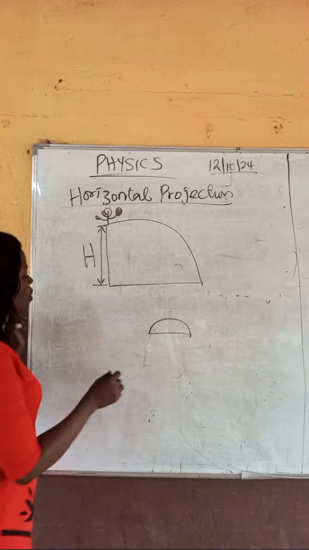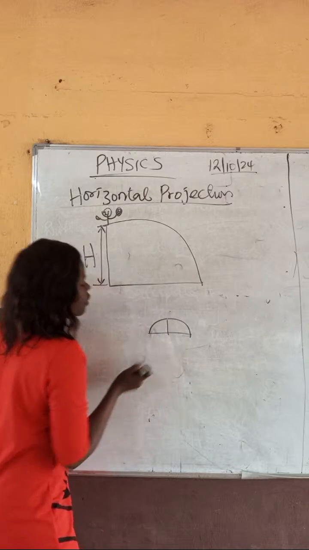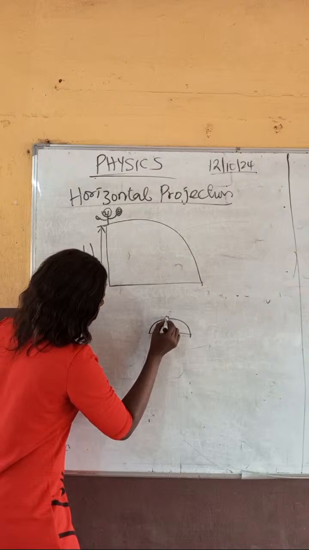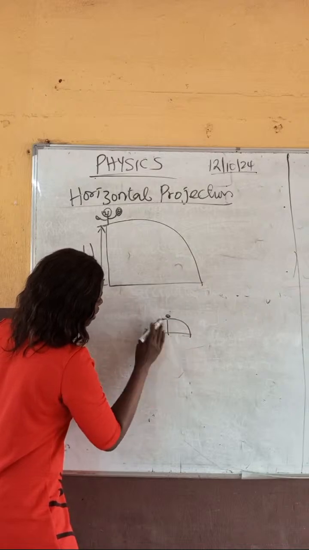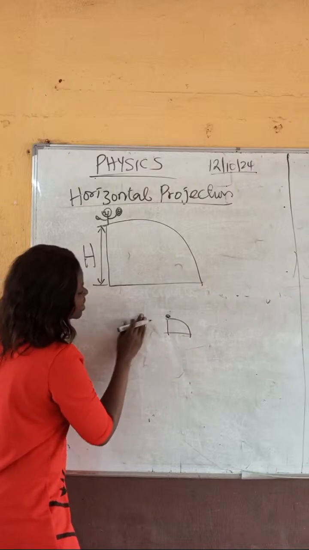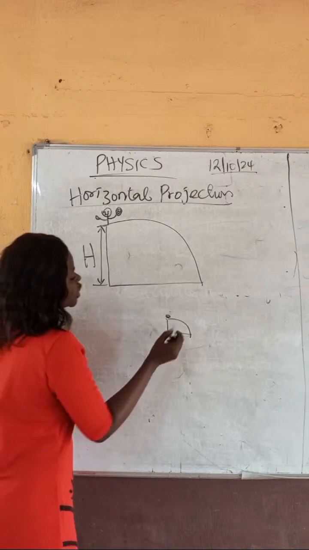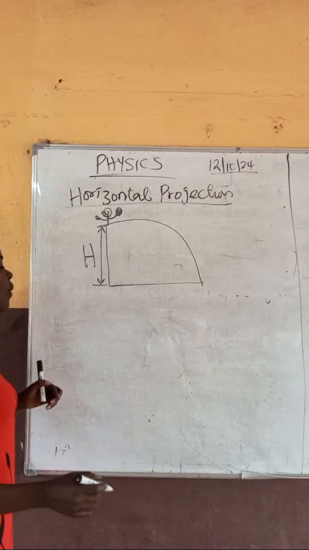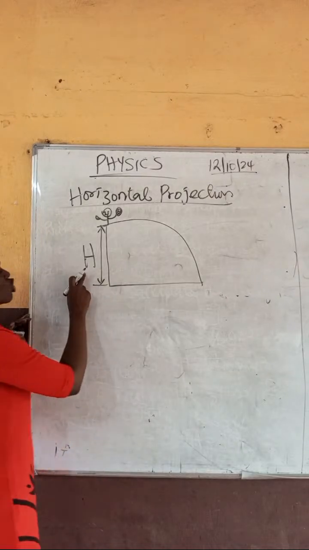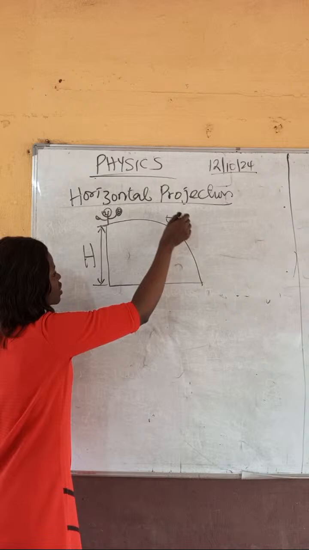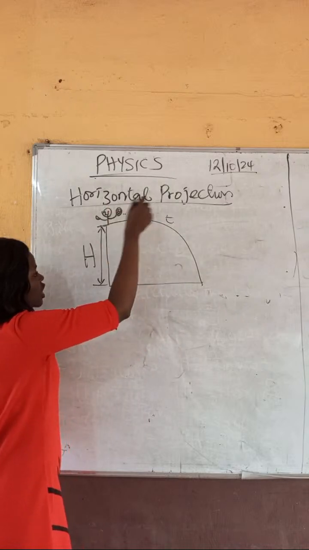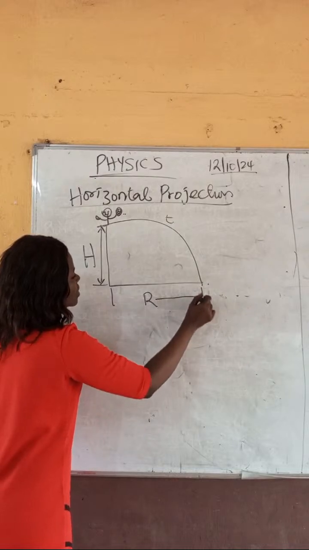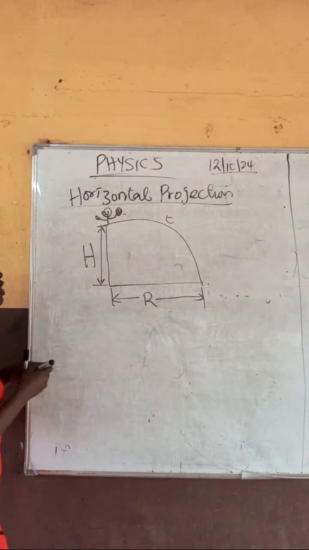So it's just like half of the projectile motion. Now we are standing here to throw an object. So when you throw an object, you are considering just from here to here. And the three things you have to consider: one is the height, two is the time taken for this object to return to the ground, and three is the horizontal distance, which is the range.